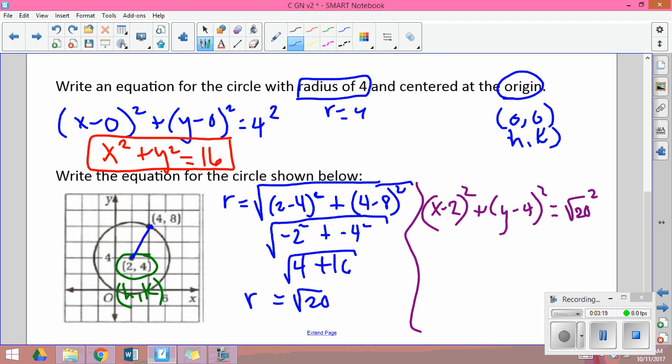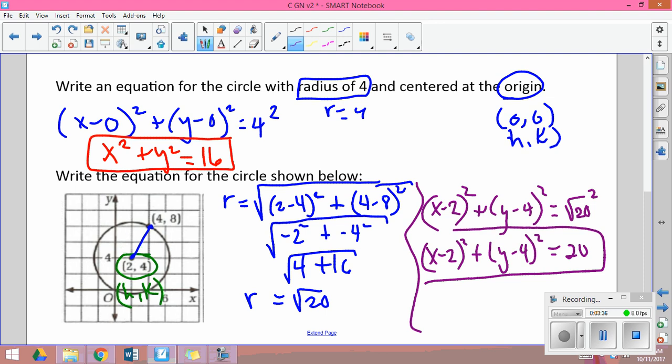This cleans up nicely. I don't have anything to worry about in the front, so I have (x - 2)² + (y - 4)² = 20, since the square root of 20 squared is 20. So that is the equation of this circle.